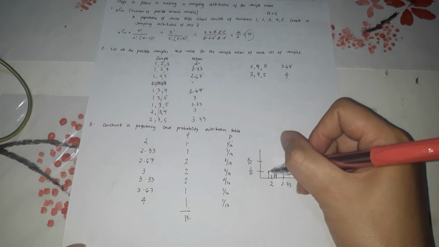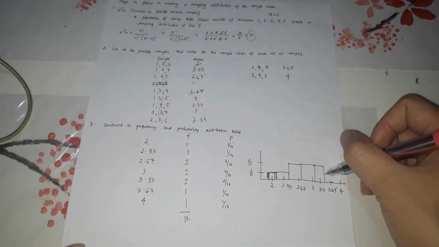At 2.33, 1 over 10 also. At 2.67, it becomes 2 over 10. At 3, still 2 over 10. At 3.33, 2 over 10. At 3.67 and 4, 1 over 10. So this is the histogram. That's how you make a sampling distribution of the sample mean.